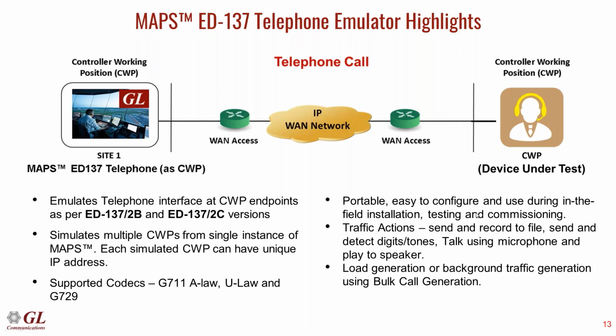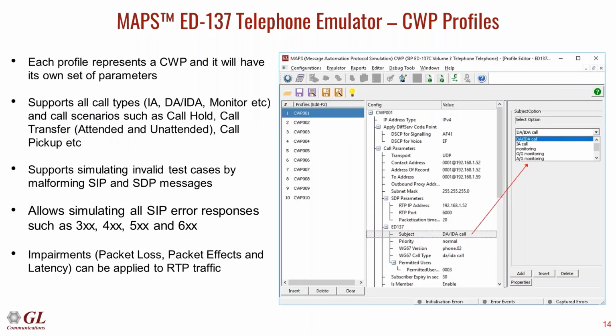Here again we have the same kind of traffic actions we discussed just now, and load generation and background traffic generation are also possible. We can make thousands of simultaneous calls to check the performance of the network or the device under test.